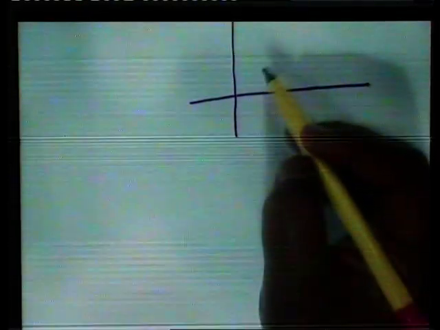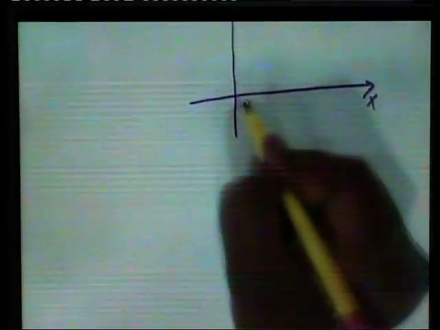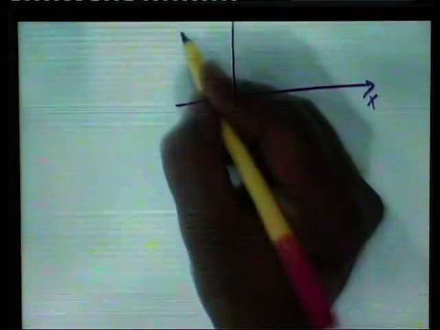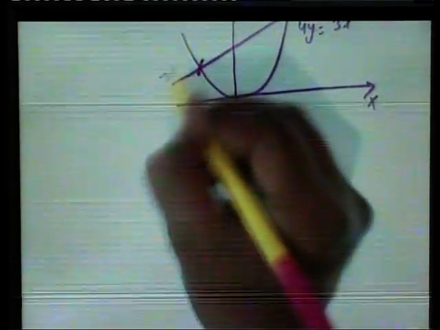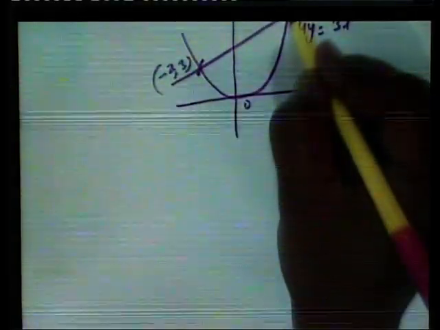We draw the figure. Parabola is 4y is equal to 3x square, and the straight line, this point is minus 2, 3 and this point is 4, 12.